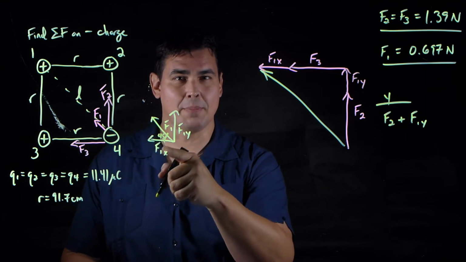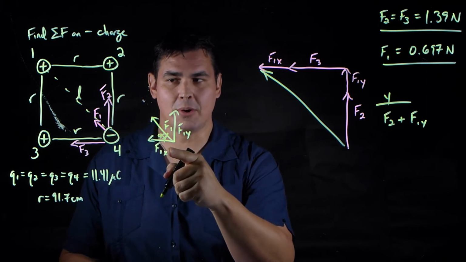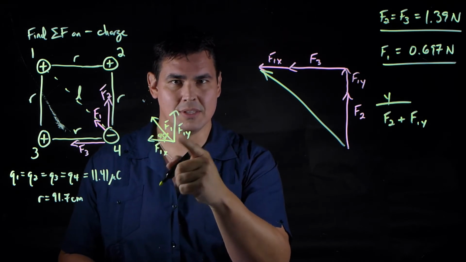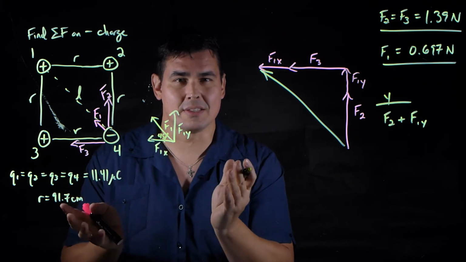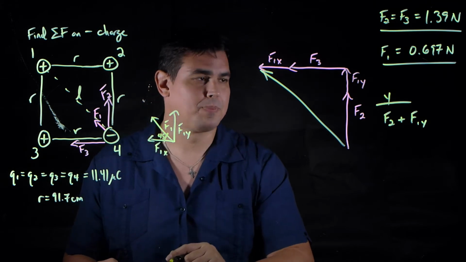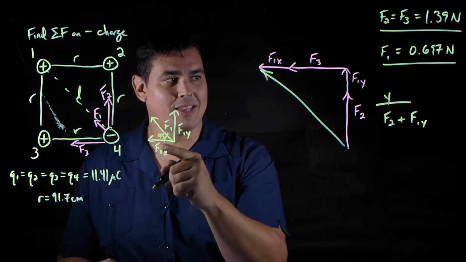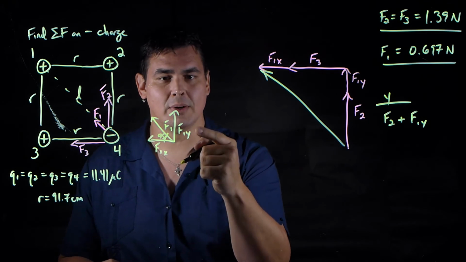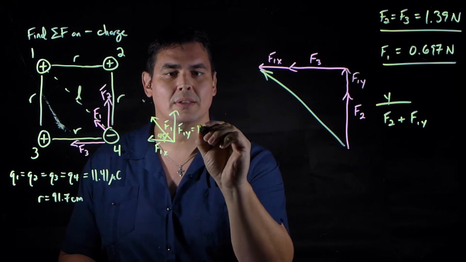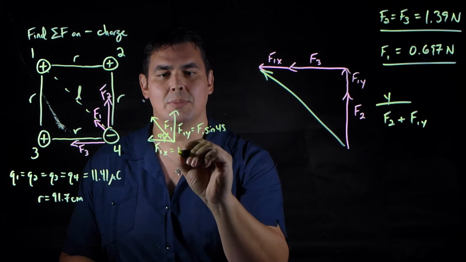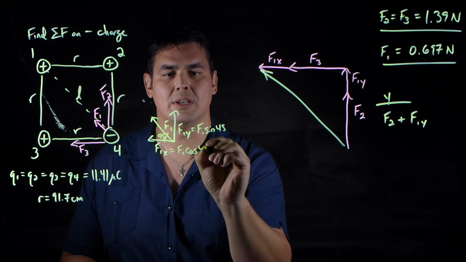When I break up F1 into the x and y components, because it's at a 45 degree angle, either one of these is just going to be times sine or cosine, and because it's 45 degrees, they're both going to be the same. So I'm going to call my x my cosine. F1 in the x direction is going to be the cosine component, and y will be the sine component. So this will be F1 sine 45, and this will be F1 cosine 45.